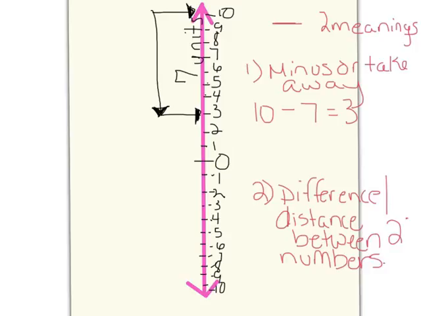The other way that you could have shown this would be if you use your KFC, you could have also shown this as 10 plus a negative 7, which also equals 3.